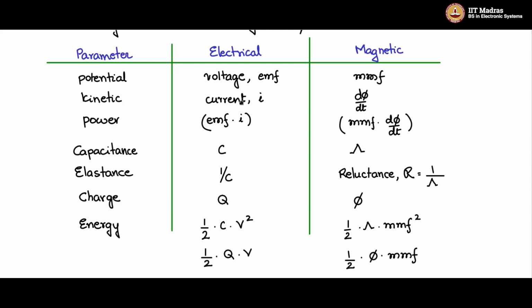You will see that because the energy is the same across the domains, there is a very nice strong equivalence between the electrical and the magnetic parameters. Use this equivalence to remember the equations in the magnetic domain.